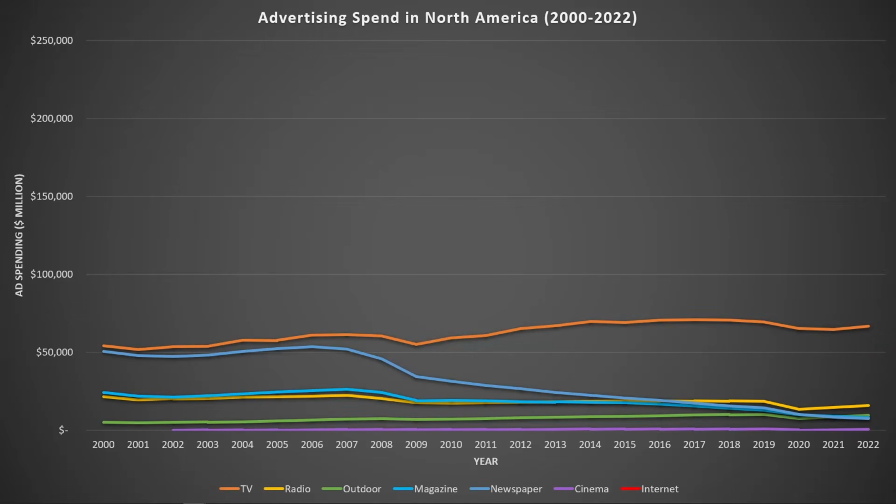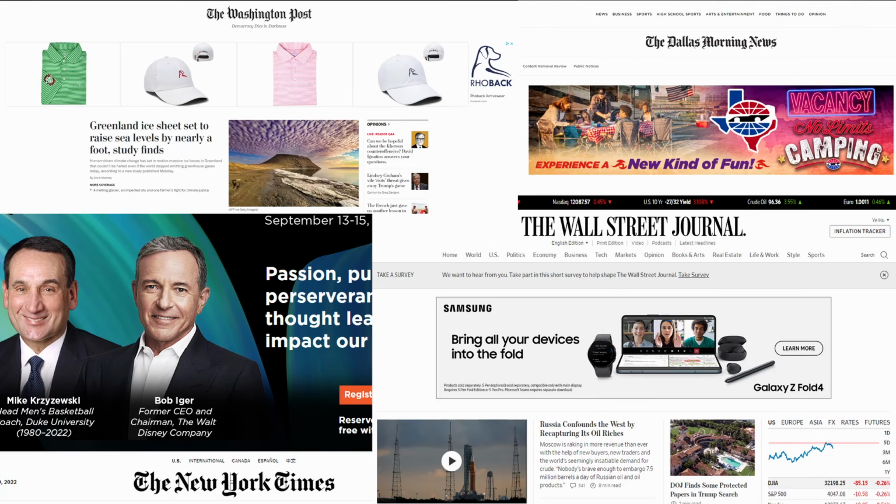On the other hand, internet-based advertising has experienced a dramatic increase in spending. Of course, part of this increase has come from traditional media such as newspapers or magazines. As people are going more and more paperless, advertising spending has migrated to digital advertising on the websites of the newspapers.